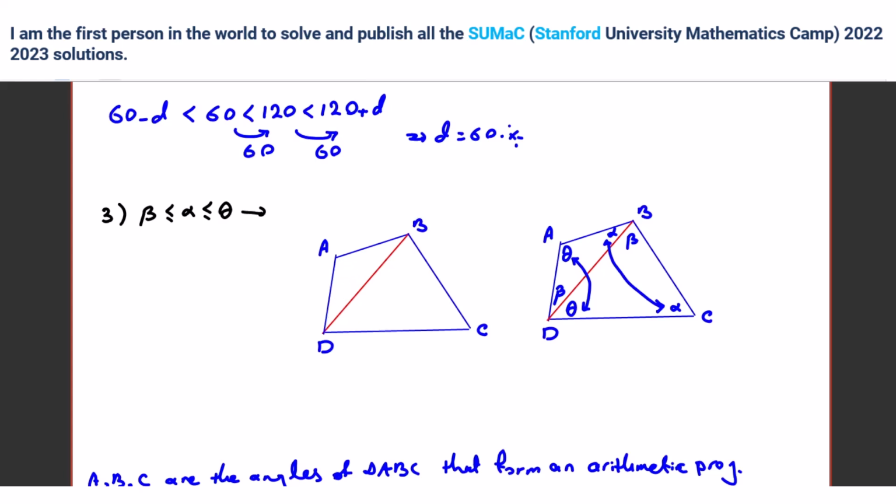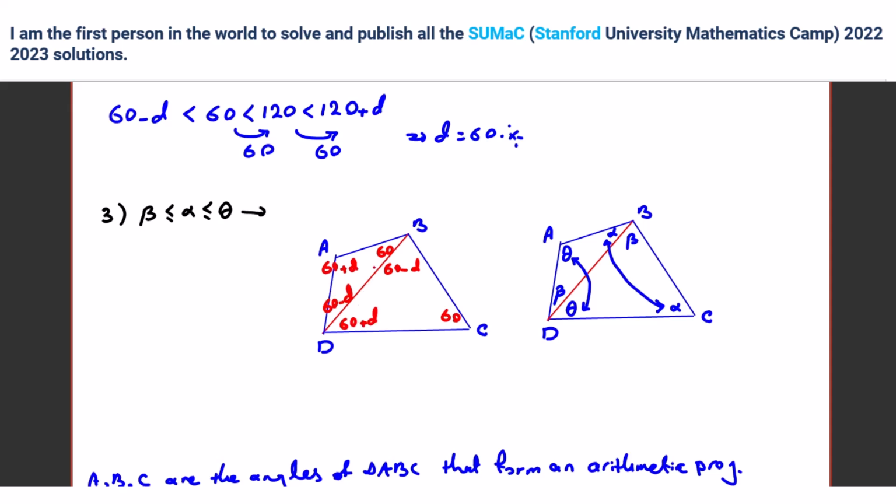Beta. Alpha is 60. So this one is 60, this one is 60, right? Beta is the smallest one, 60 minus d. And theta is the maximum one, 60 plus d.